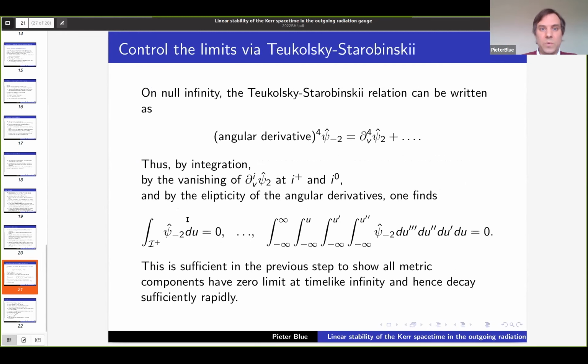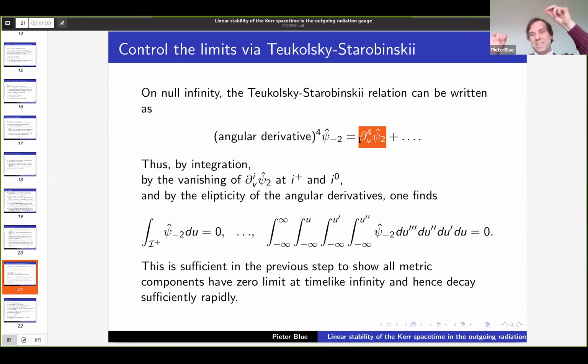And this is where we use the Teukolsky-Starobinsky identities, which along null infinity can be written essentially as an elliptic angular operator to the fourth power on one of the components is equal to the time derivative to the fourth power on the other component. So integrating both sides of this equation once in time, we find that the integral of the quantity on the left is equal to the integral of the quantity on the right, but that is the integral of a time derivative.